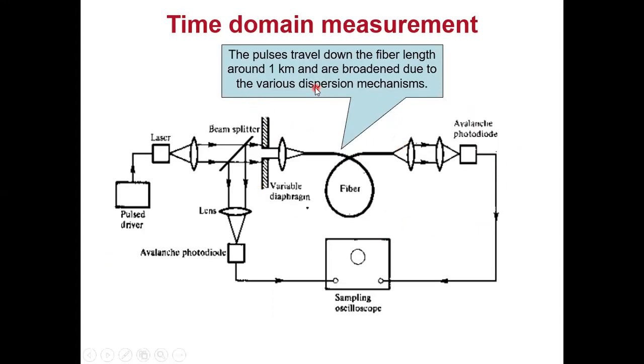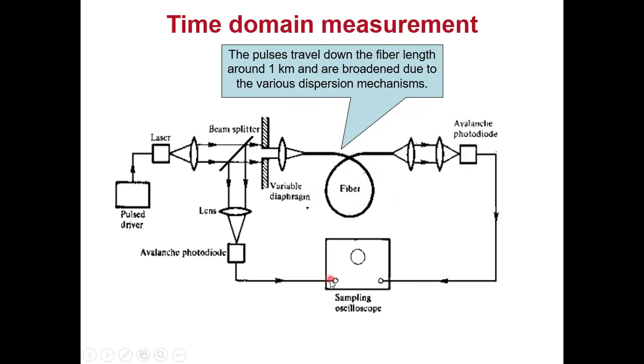What we are considering is that the fiber is, suppose, around 1 kilometer. As the pulses travel down the fiber length, they are broadened due to various dispersion mechanisms. We have seen all the categories of dispersion mechanism. So pulse broadening has happened.